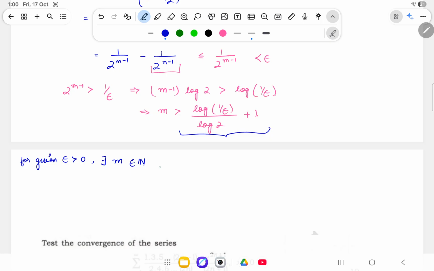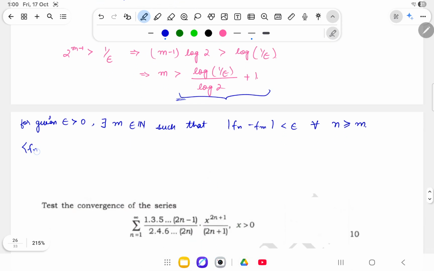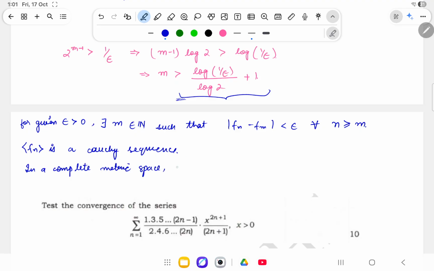So m belongs to the natural numbers such that mod of fn minus fm is less than epsilon, and it holds for all n greater than the natural number m that we got. So from here we got that our sequence fn is a Cauchy sequence, and we know that in a complete metric space a Cauchy sequence is convergent.